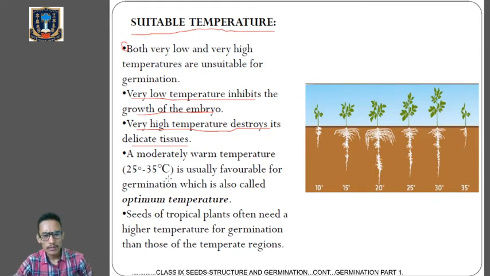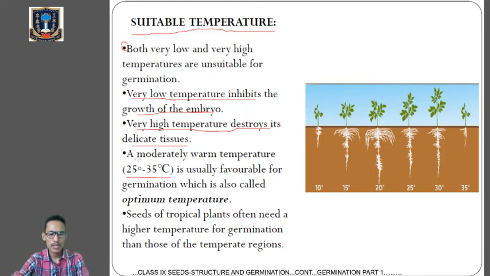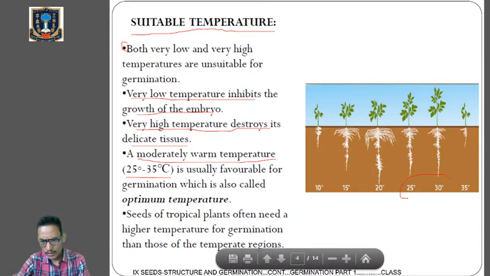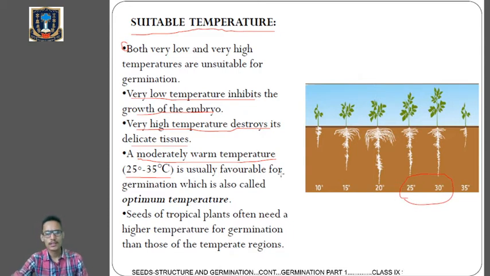Therefore, a temperature between 25 to 35 degrees Celsius, we can say a moderately warm temperature, is suitable for germination. Clear?